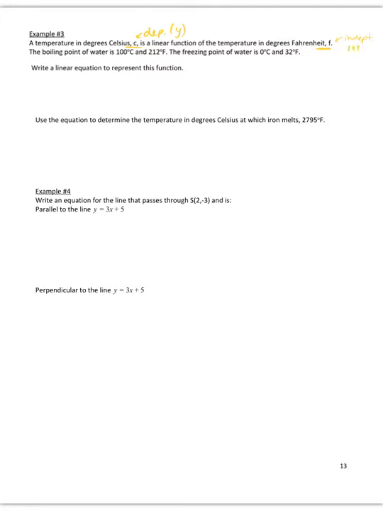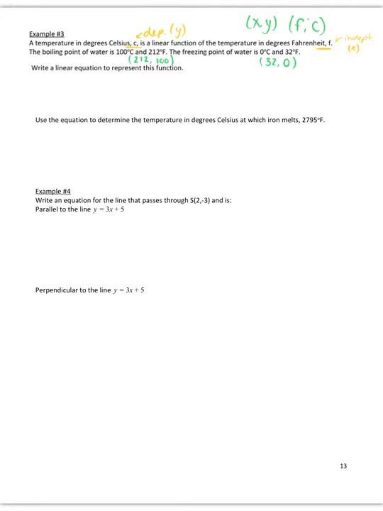We're going to use the coordinates where they've given us the temperature in degrees Celsius and Fahrenheit, and write them as a coordinate. Remember, coordinates are x, y. Therefore, our coordinates need to be written as Fahrenheit, degrees Celsius. So Fahrenheit is 212, degrees Celsius was 100. Over here, Fahrenheit was 32, degrees Celsius was 0.